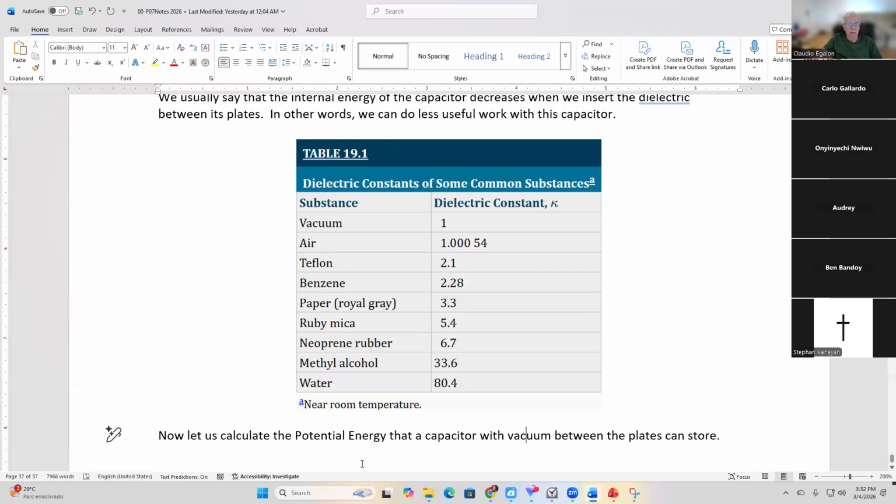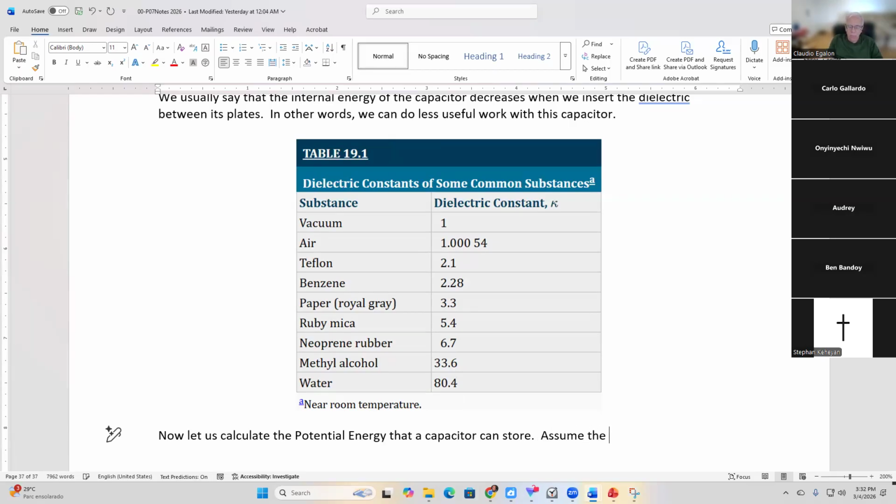Now let us calculate the potential energy that a capacitor with vacuum between the plates can store.